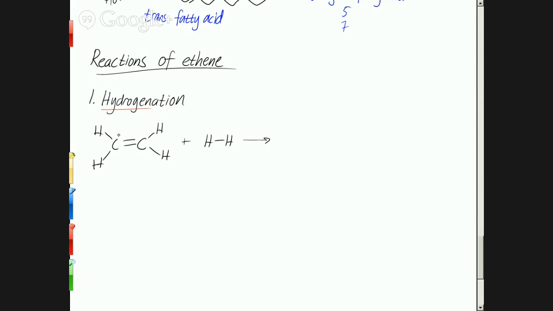And then that just adds to this. So we talked about how that was unsaturated, and that means that there's room for something else to come in if this is added.